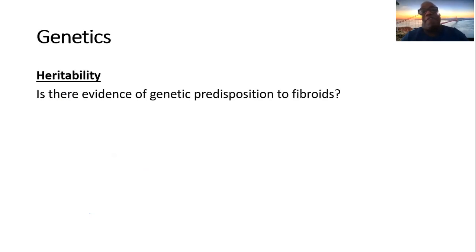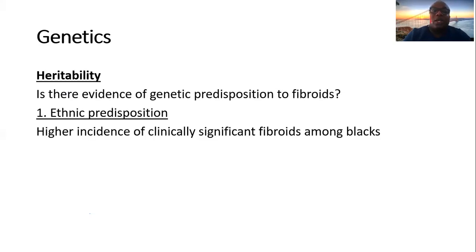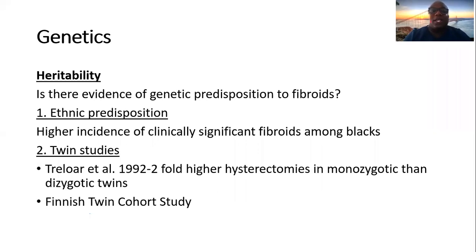We do have genetic predisposition to uterine fibroids. Number one, we find that there is a higher ethnic predisposition among Blacks. And then there are studies that we have done in the medical community, like fibroids are more common in identical twins than in non-identical twins.